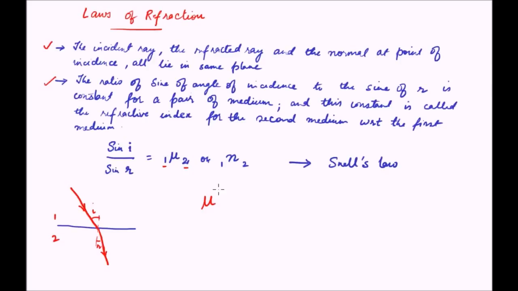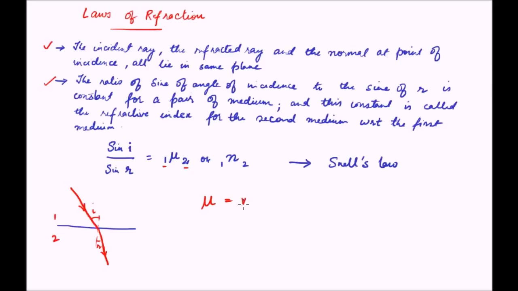We just mention mu. This means the refractive index of the particular medium we are discussing with respect to vacuum. We don't need to write vacuum and the second medium. It's automatically understood.